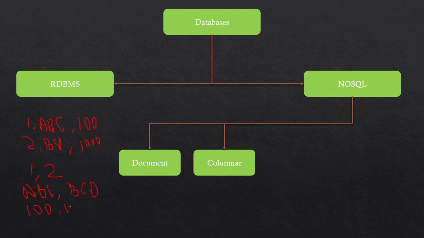So basically each of the rows is divided column wise. All the data of one kind of column will reside together, whereas the data from each row, like all these three are from the same row, might not reside together. So that is how a columnar database will store your data.